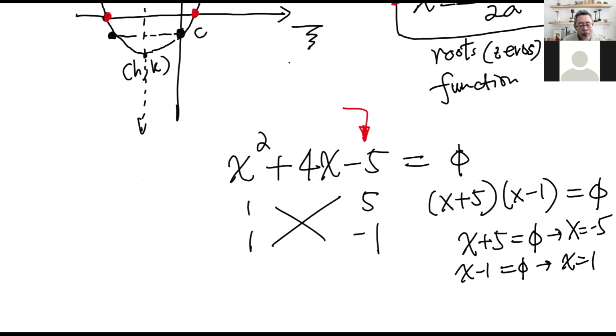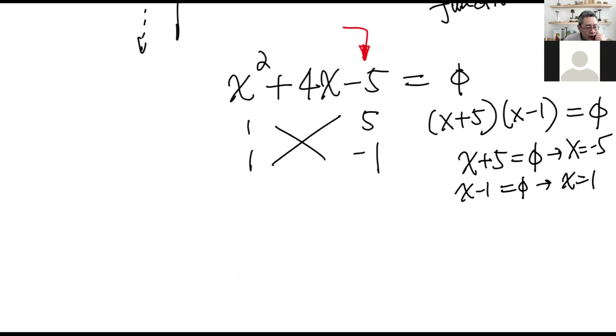Okay, and we also learned something called completing the square. For example, if we do exactly the same thing here, what we got is x squared plus 4x, and we move 5 to the other side, basically adding 5 on both sides.